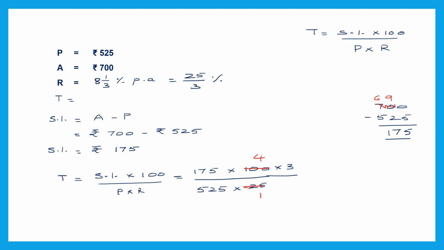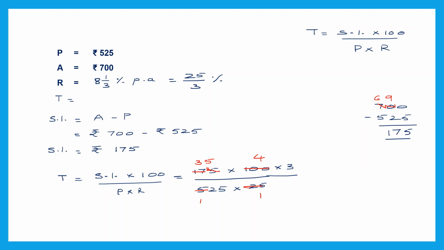Now what else can we cancel? I can cancel 175 and 525 by 5. Let's start with 5. So here 5 3s are 15, 16, 17, that is 2. So 25, 5 5s are 25. Now here 5 1s are 5 and we take 2 which is small.